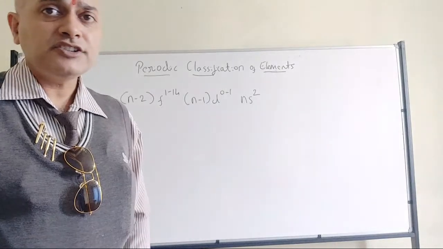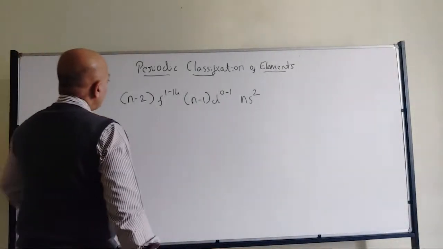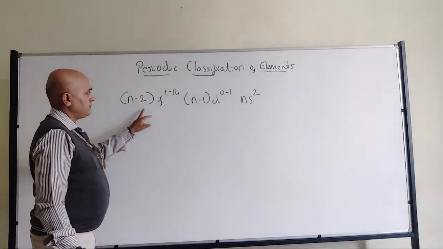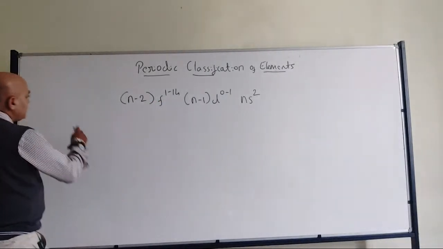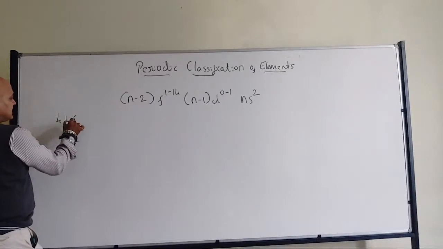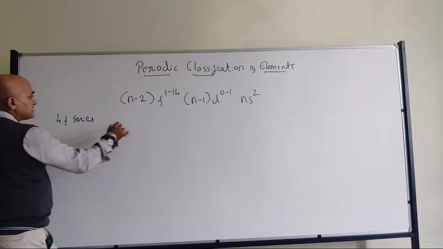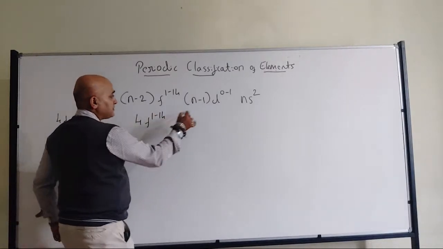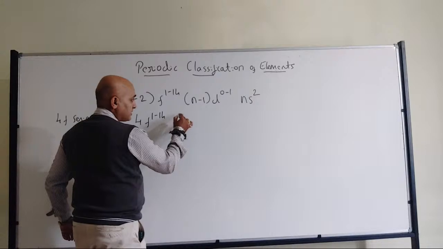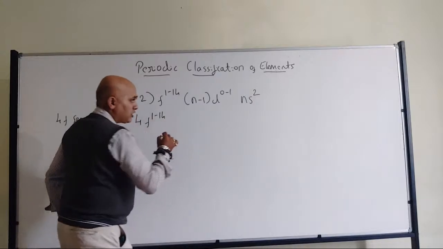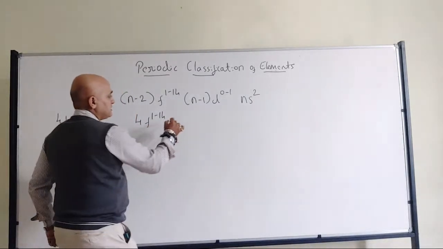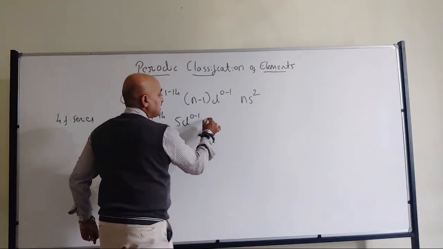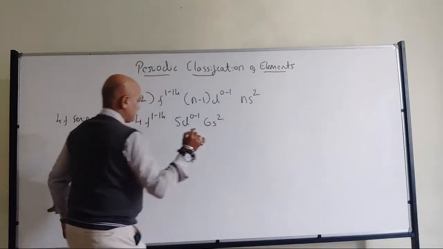All of you have understood? And when it comes to the 4f series, it will become 4f 1 to 14. The 4f series belongs to the 6th period, so naturally it should be 5d 0 to 1, then 6s2.